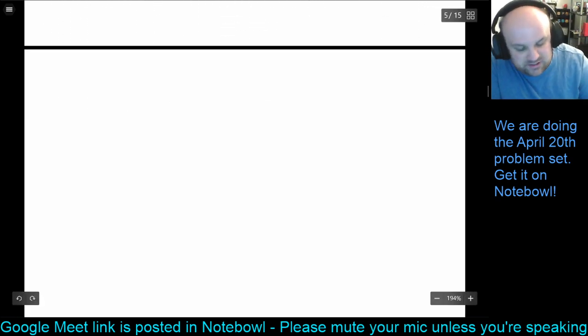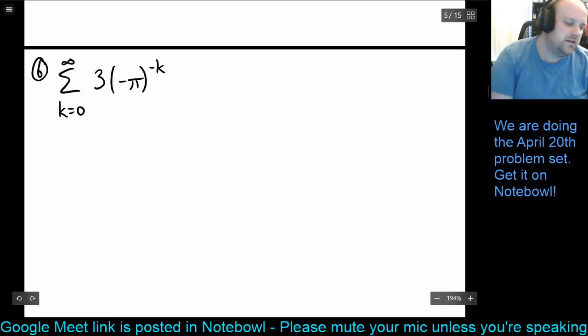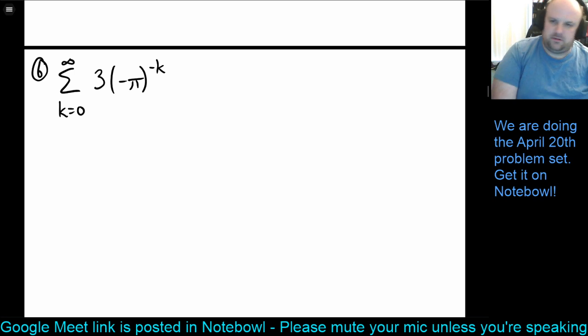Let's look at number 6 here. So 6 is the sum from k equals 0 to infinity of 3 times negative pi to the negative k. So I'll give you a second to think about that one and what could be going on here.